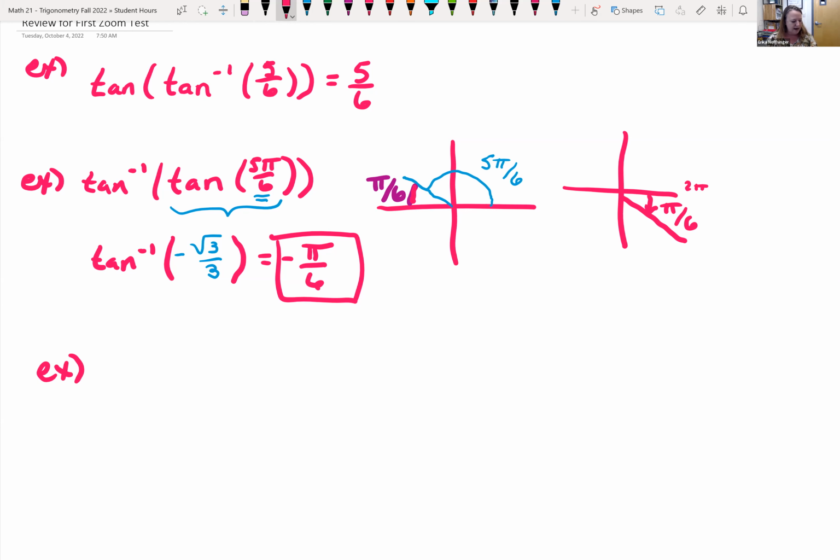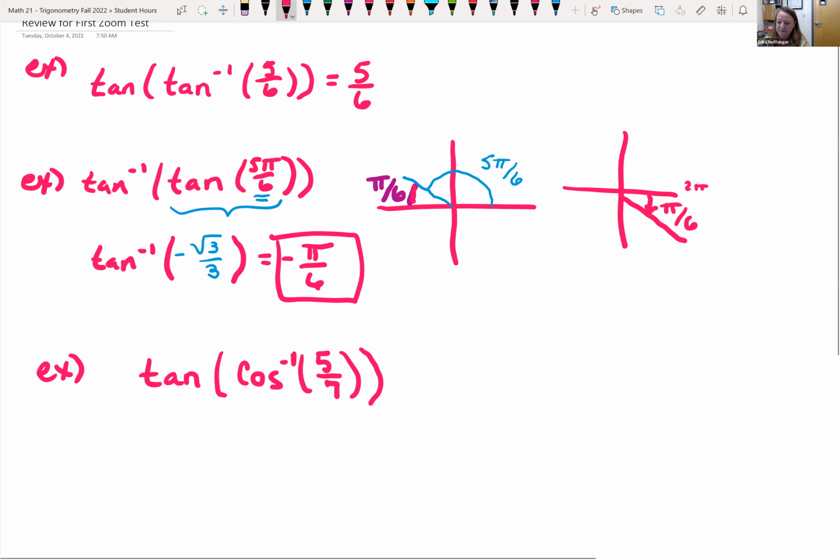So let's say you had tangent of cosine inverse of 5/7. We don't know what value of cosine would give us back 5/7.